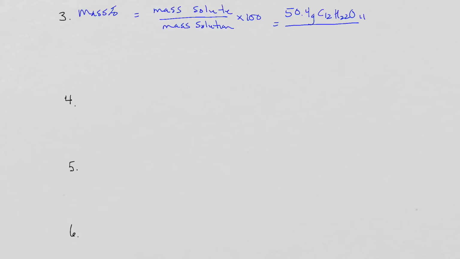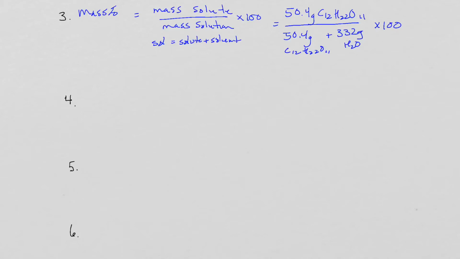And mass of solution, so remember, the solution equals solute plus solvent. And so this is 50.4 grams of C12H22O11 plus our solvent is water, right? And it was 0.332 kilograms, which is equal to 332 grams of water, times 100.